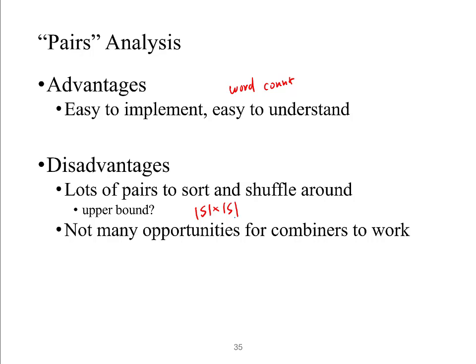And also, there are not many opportunities for combiners to work, or in the Spark context, not many opportunities to merge these key value pairs together to increase the number of counts before you do the shuffle and sort. So you kind of increase the overhead of sort and shuffle.